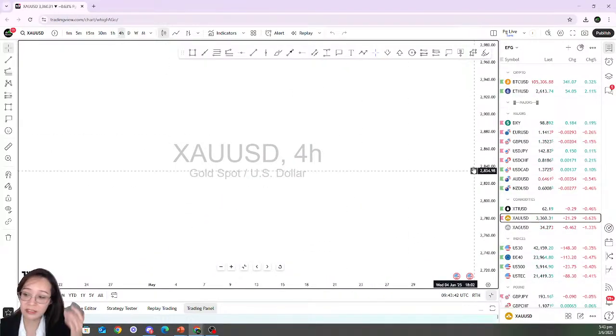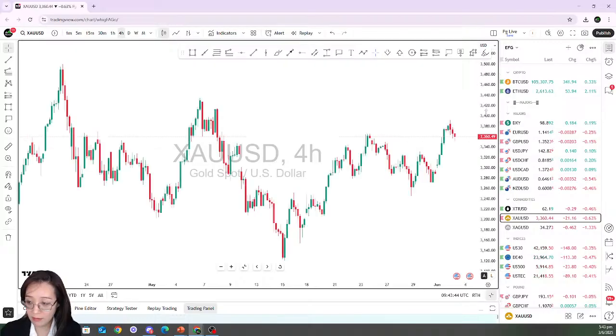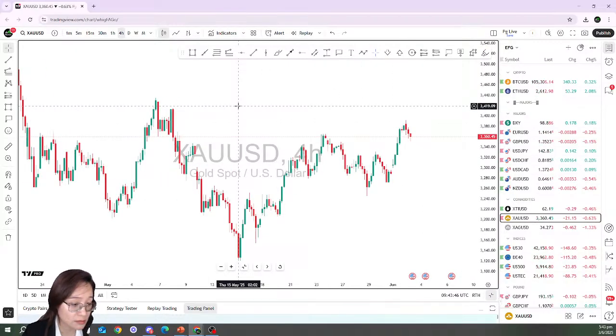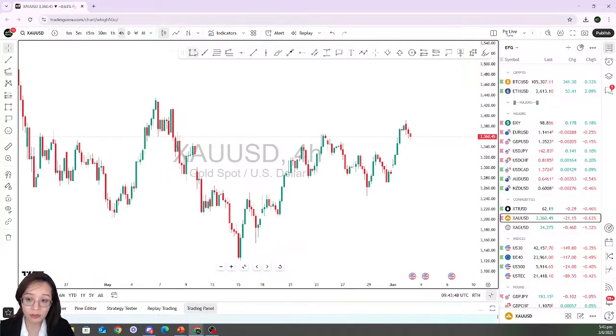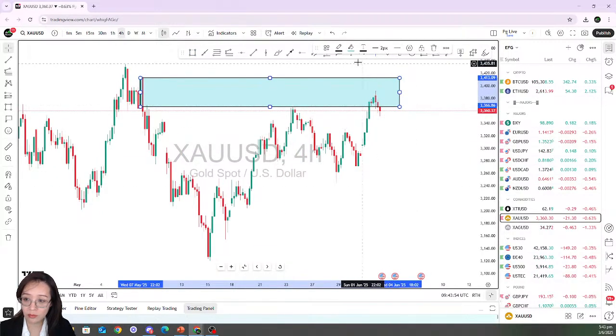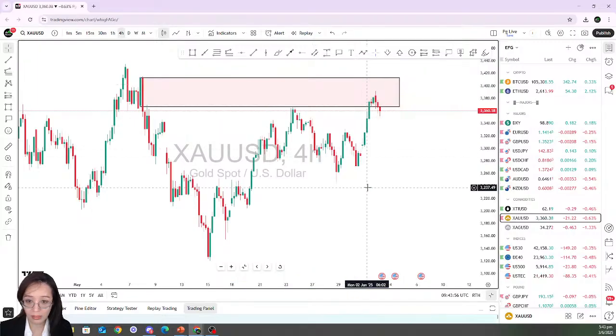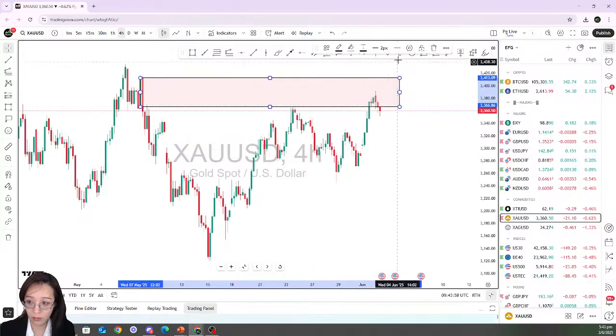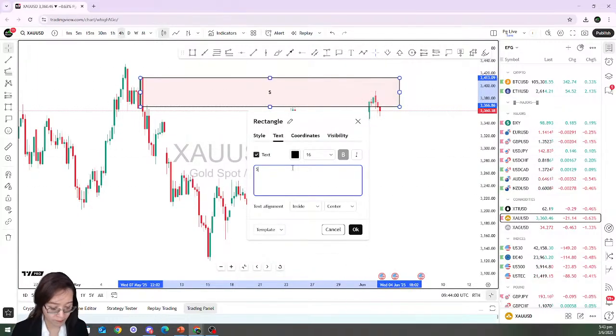Yesterday, based on the H4 time frame, if you identified the demand and supply, you were going to sell at this supply. This is going to be your supply zone for gold last night. Why? I'll show you later.